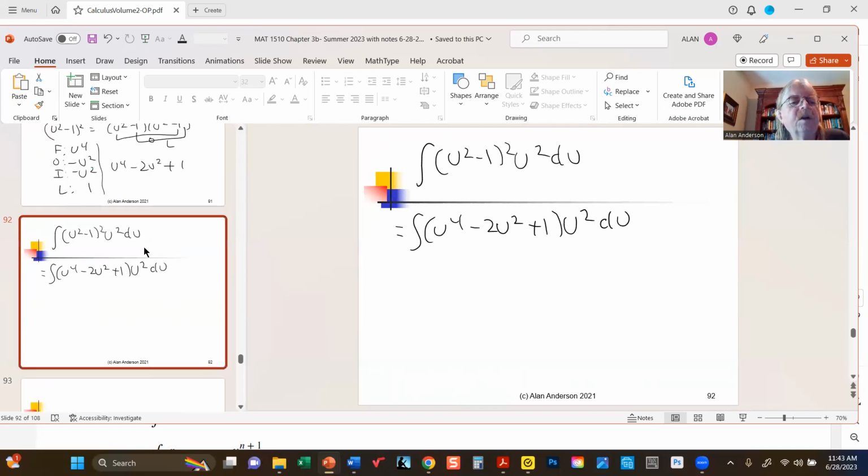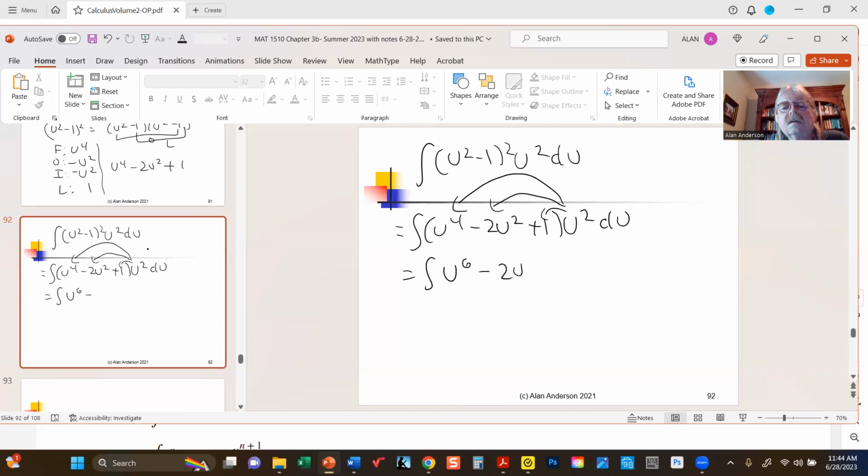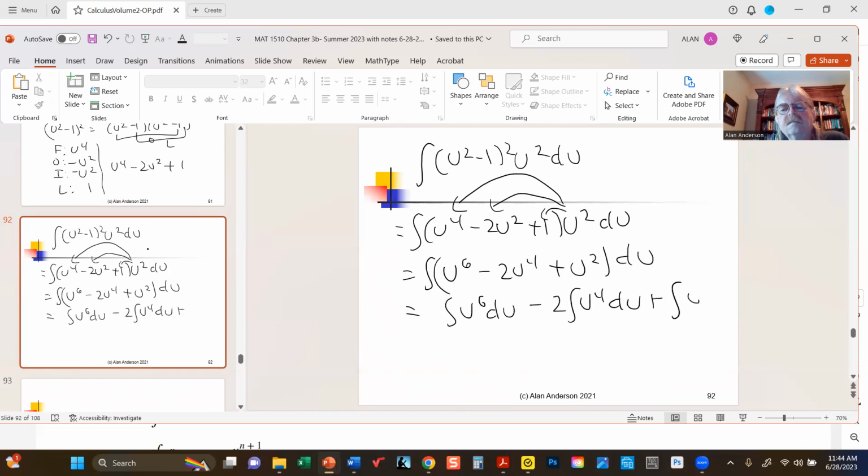Okay, so after applying FOIL to the term in parentheses, I can now distribute this u squared across all of these terms. And now integrate. And now just replace.